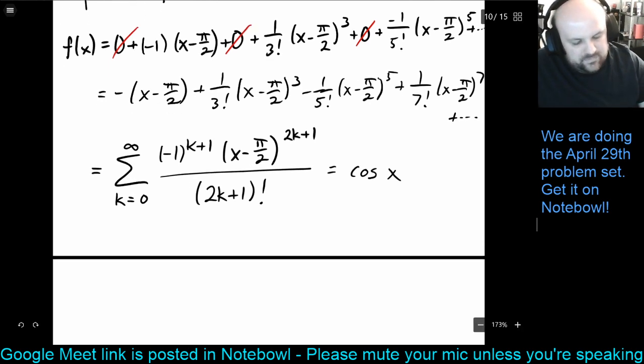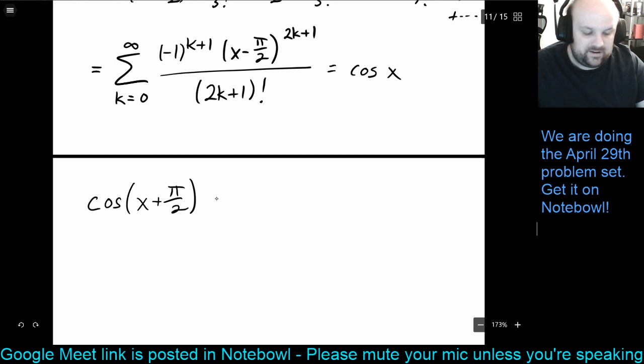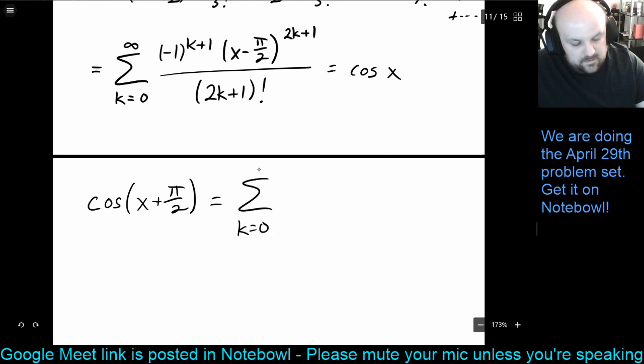And what you can do here, this pi over 2 is kind of throwing things off. So if you try and say, all right, well, cosine, what if I plug in x plus pi over 2? If I plug that into this series, I get this.